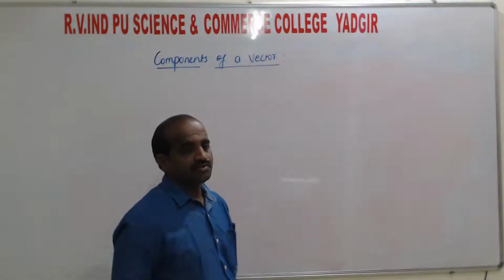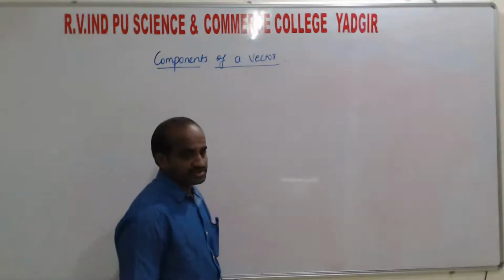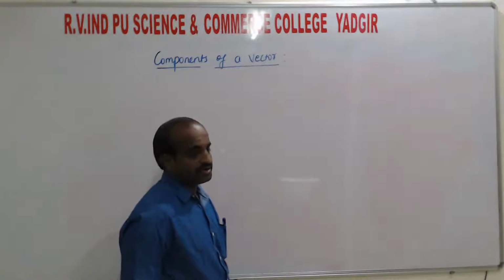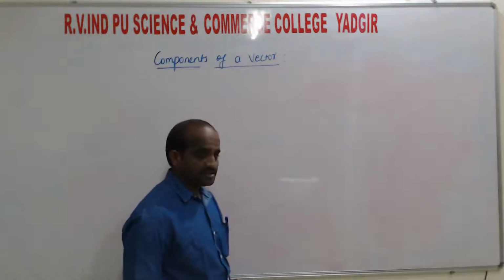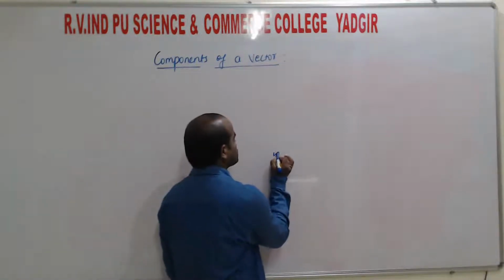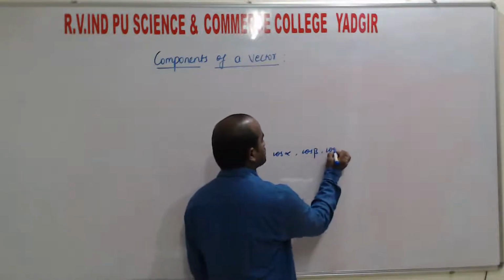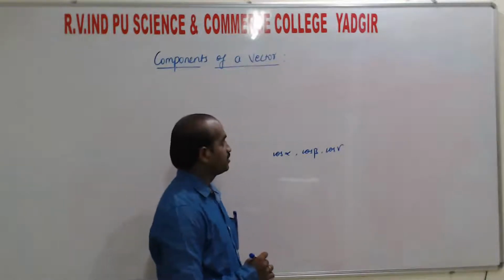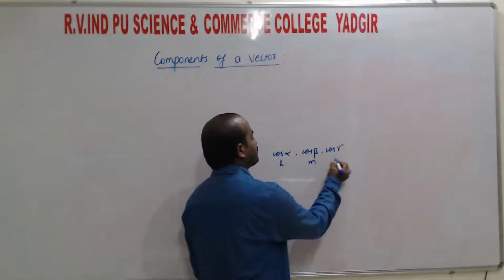Last session we studied direction cosines, properties of vector addition, and scalar multiple of a vector. Direction cosines are cos alpha, cos beta, cos gamma, denoted by l, m, n.